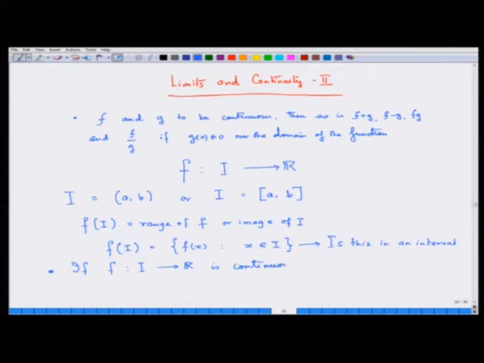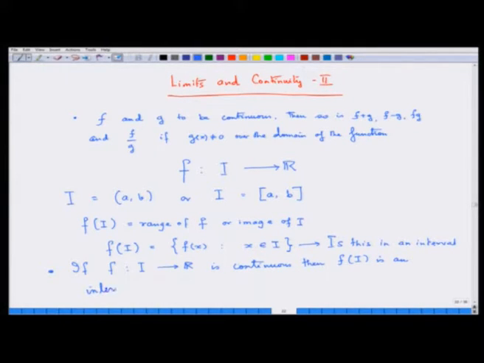Remember, if it is a closed interval, then when you are talking about the continuity at the point A, you can approach A only from the right side, and if you are talking about point B, you can approach only from the left side. You cannot approach from the other side because the function has no definition outside AB. So, if this is continuous, then f of I is an interval.